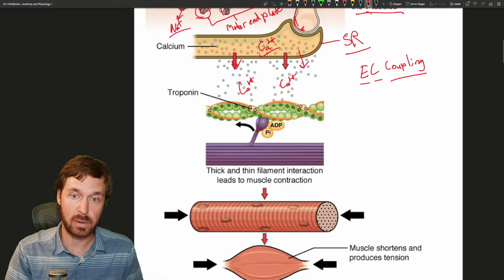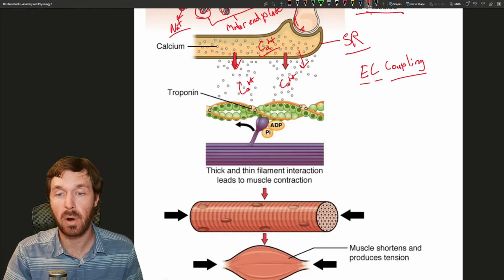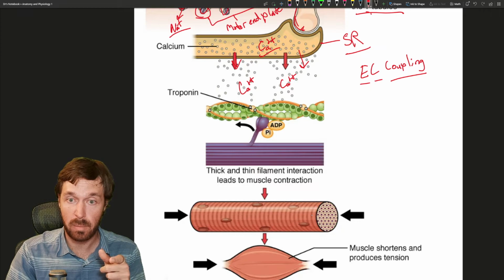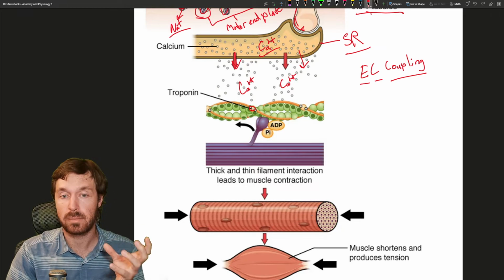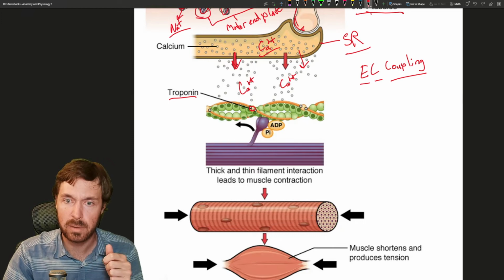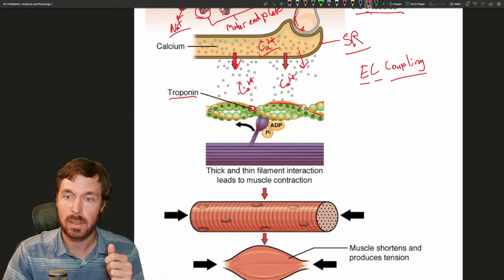So here, calcium comes in, and there's these two proteins. They're two T words. There's the globular unit, which is called troponin. And then there's the fiber, this orange fiber right here, that's called tropomyosin.